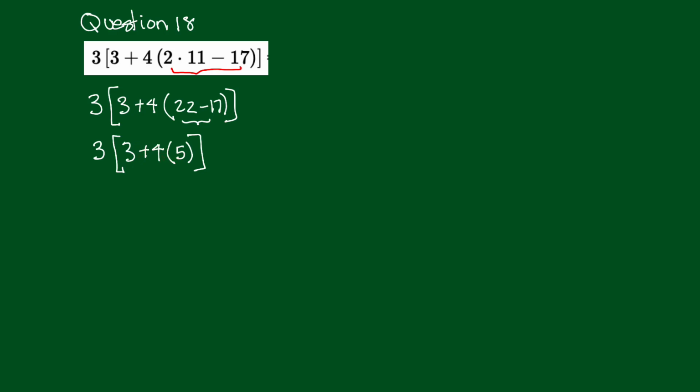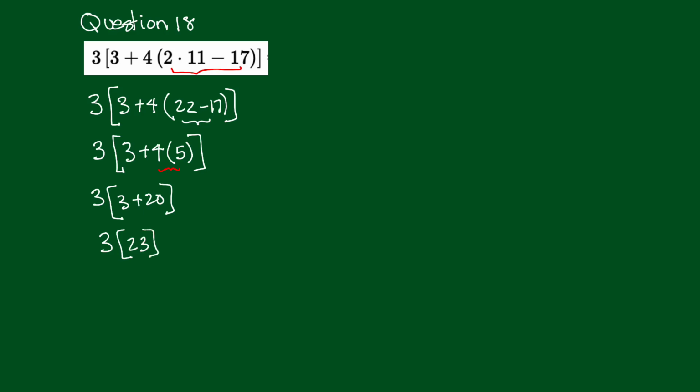Let's take care of that multiplication first. So we will rewrite everything, 3 bracket 3 plus 4 times 5 is 20. Close. Now inside we've got an addition, so we're going to add. So we'll get 3 bracket 3 plus 20 is 23.